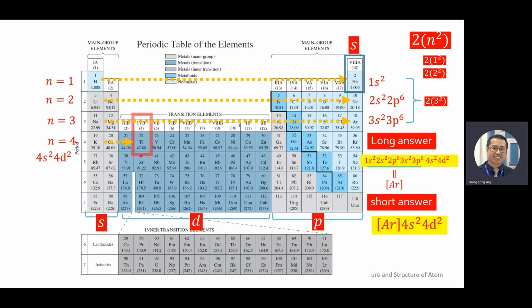No, it's a 4. Sorry, 3. For these metals, it doesn't have 3. Or my periodic table is wrong. No, this one is 3, but for titanium, it doesn't have group number 3.